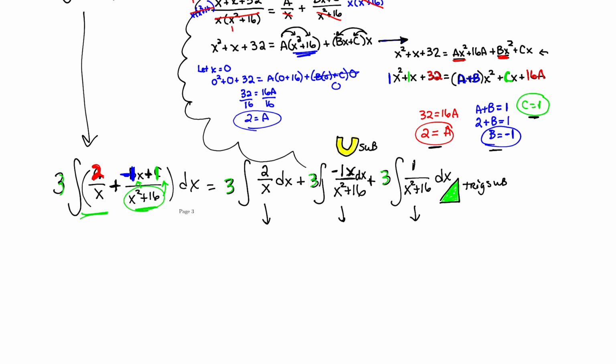So let me write this out here. I've got 6 times the natural log of the absolute value of x, minus 3 times the integral of x dx over x squared plus 16, and then plus 3.